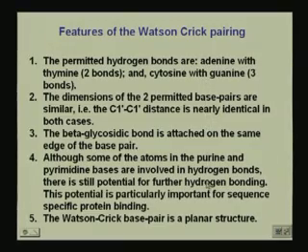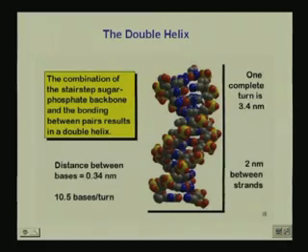We have gone through all of these features, and we now know that the structure of DNA looks like this. Okay? So, the double helix, we have 2 nanometers between the strands, we have 1 complete turn, that is 3.4 nanometers, and the distance between the bases is 0.34 nanometers, and we have a major groove and a minor groove.